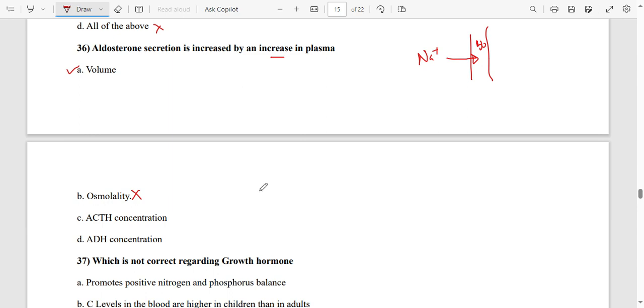So if there's an increase in volume, that is going to be true. Of course, ACTH concentration also causes aldosterone to be released, as we already mentioned, because it acts on the adrenal gland, but the best answer there is volume.